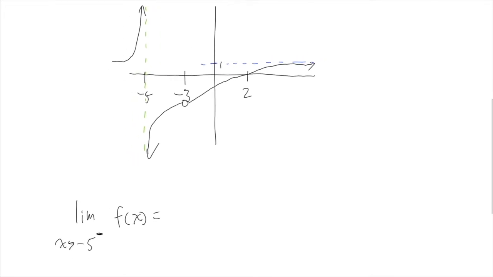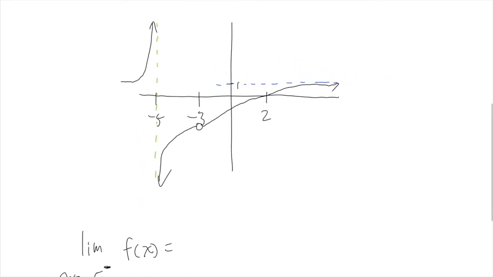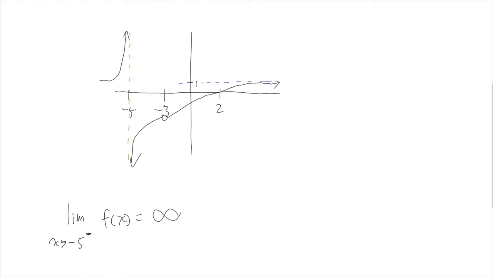Well, if we look at the graph right here, you can see that as x approaches -5 from the left, it's going to get infinitely positive. So the answer to this limit is simply positive infinity. And then if I were to ask the reverse, limit as x approaches -5 from the right, from the right, it's going to get infinitely negative. So the answer would be negative infinity.